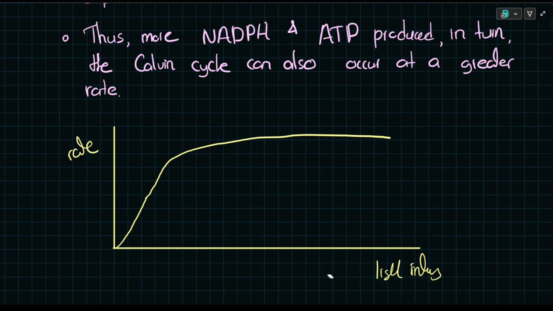A lot of light. But even though we get a lot of light, why does the curve plateau? So now this part makes sense. In this area, light intensity is the limiting factor.